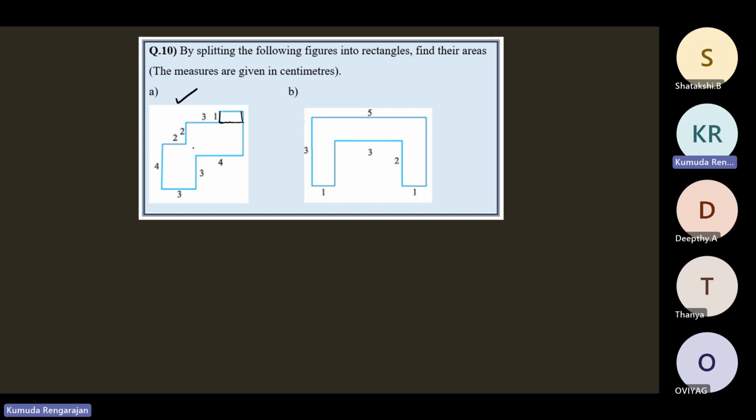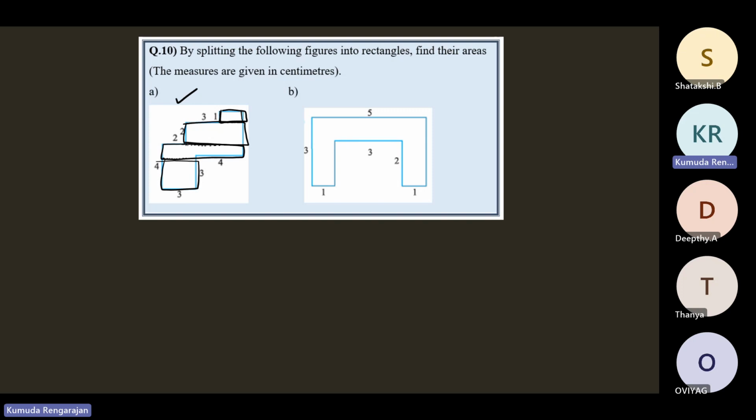Let me take another line segment like this. So you can see here, I have divided this whole figure into 1, 2, 3, 4 rectangles.